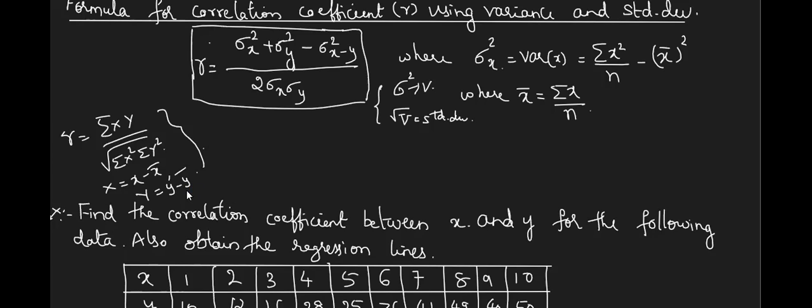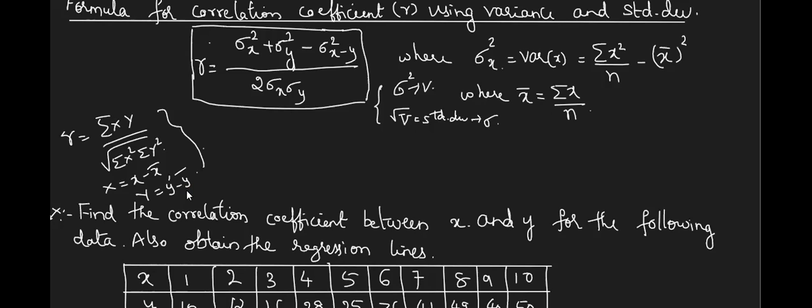All these sigma squares are nothing but variances. What are sigma x and sigma y? If I take the root of sigma square x, what do I get?